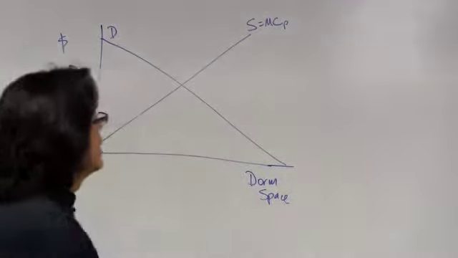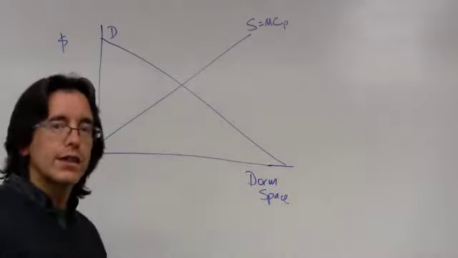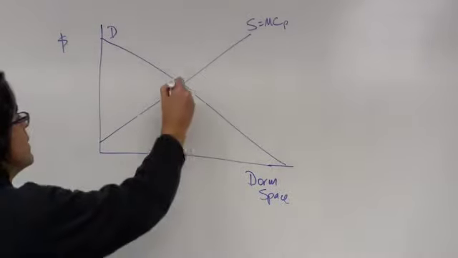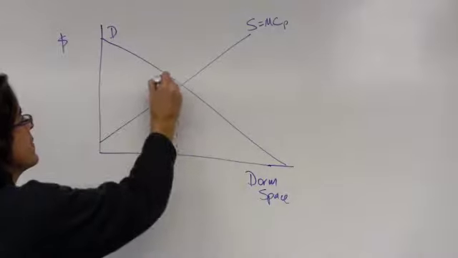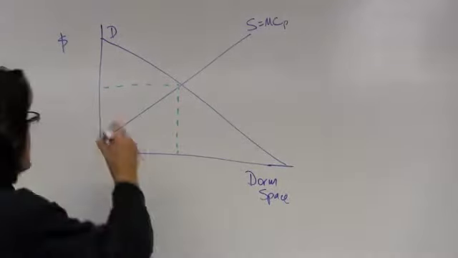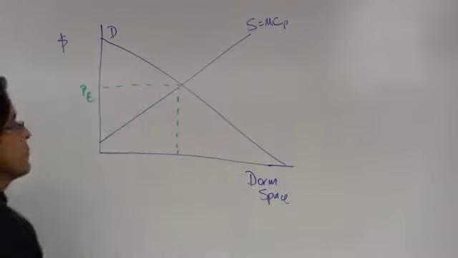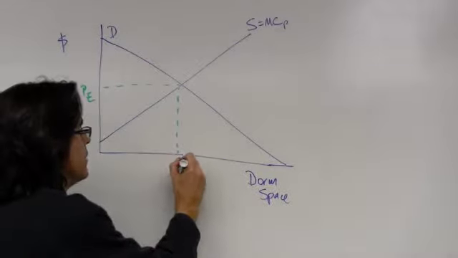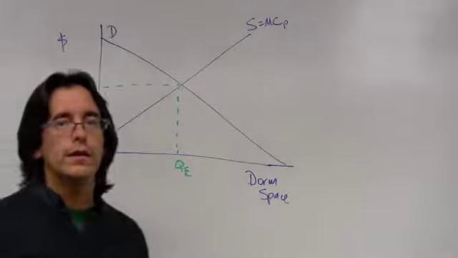Okay, so now in a normal market, let's say a normal dorm market, what you would have theoretically is an equilibrium. So there's some equilibrium price and some equilibrium quantity.